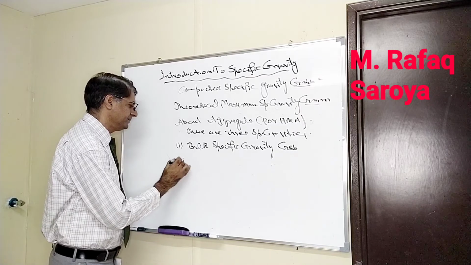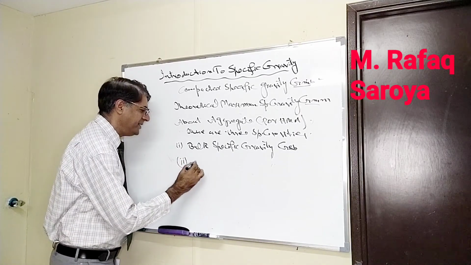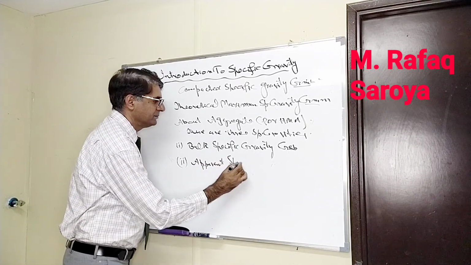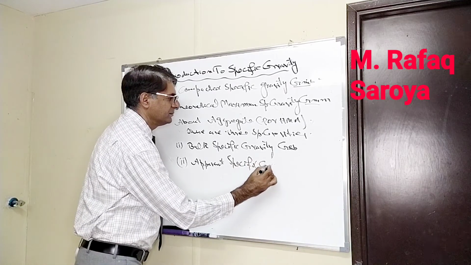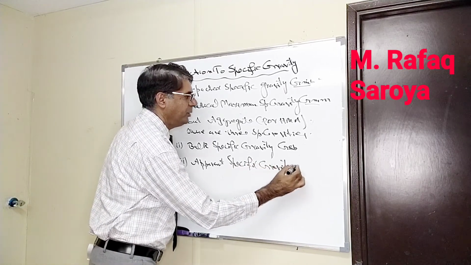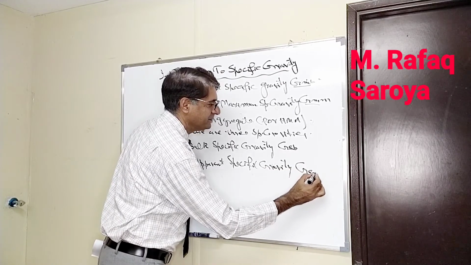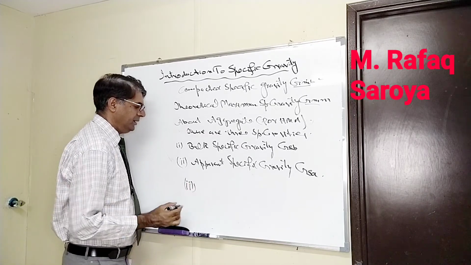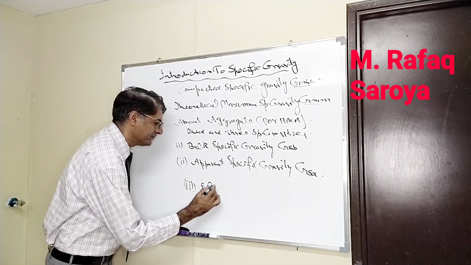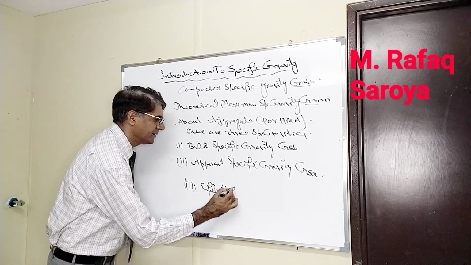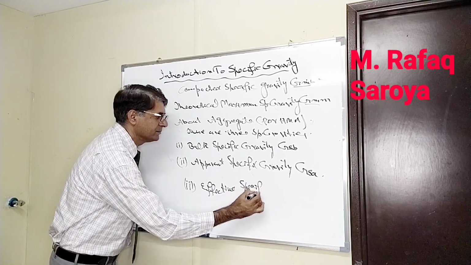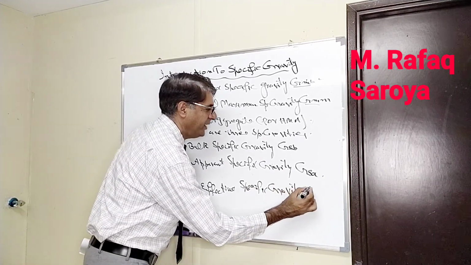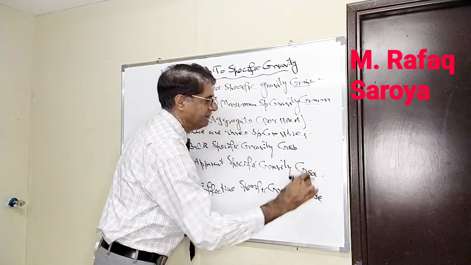Second one, apparent specific gravity, which would be represented by Gsa. And third one, effective specific gravity, which is represented by Gse.